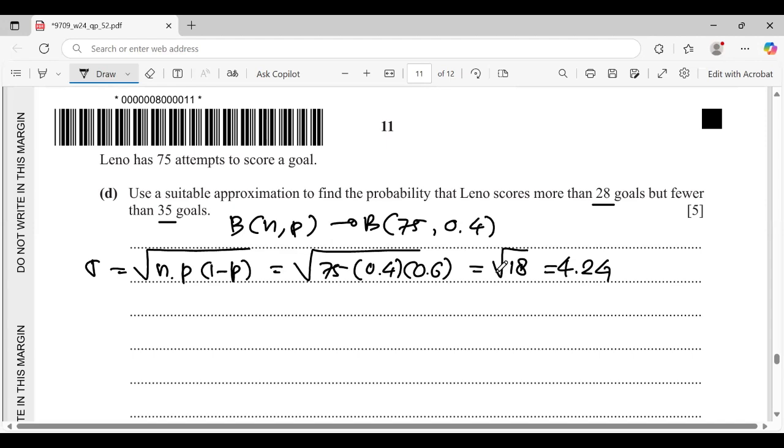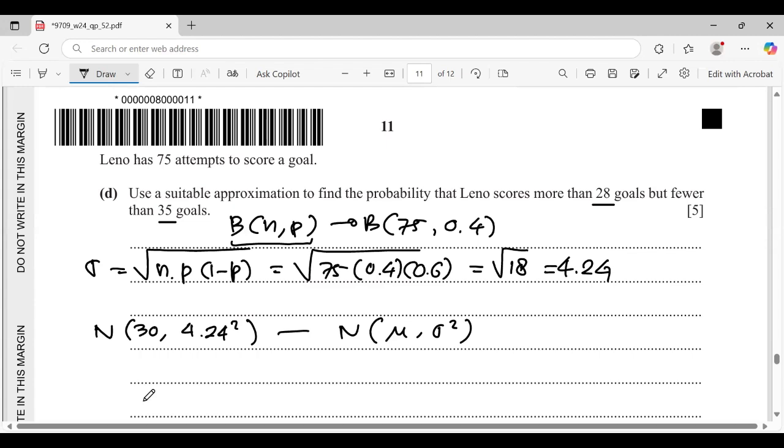Now, we will approximate the binomial distribution with a normal distribution. The normal distribution has mean 30, this is mu, and 4.24 squared is the variance. So the normal distribution is N(mu, variance), like this.